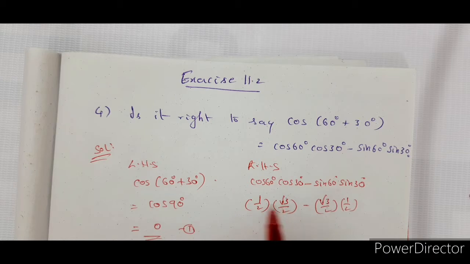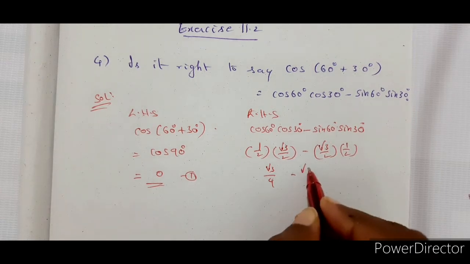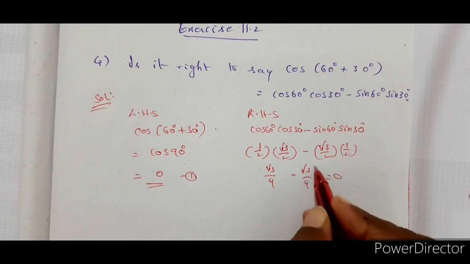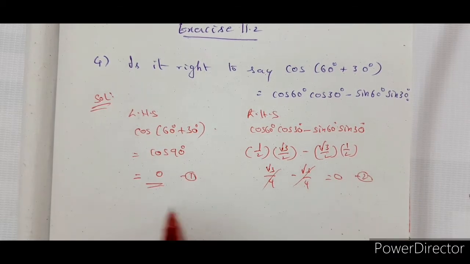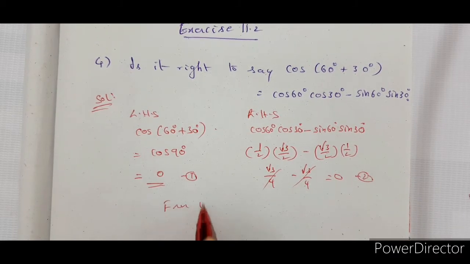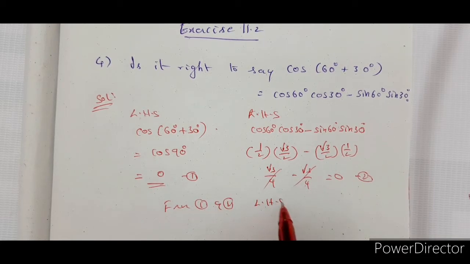So 1 by 2 into 1 into root 3 is root 3 by 4 minus root 3 by 4. So it is equal to 0. That is equation 2. So from 1 and 2 we can say that LHS is equal to RHS.